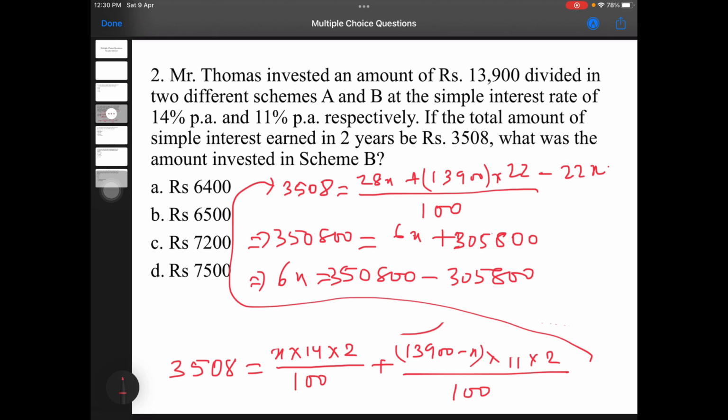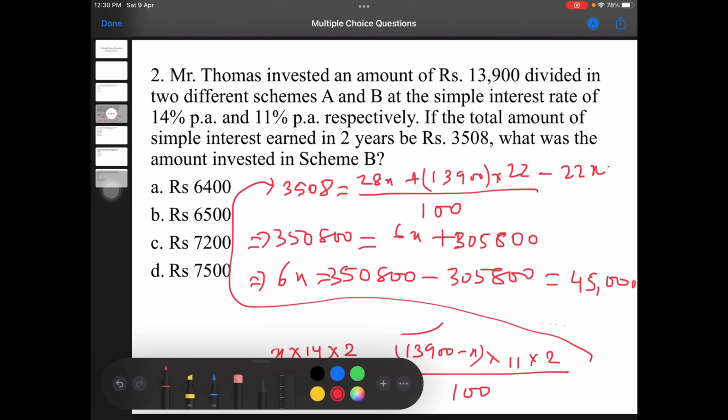If we subtract 350,800 minus 305,800, it will be equal to 45,000.